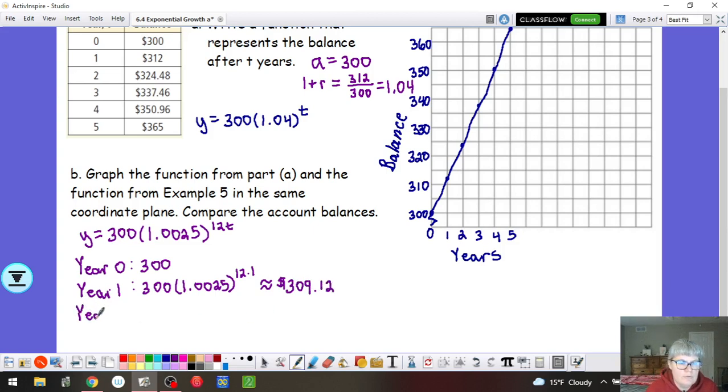Year 2, we do the same thing. Only this time it's going to be 12 times 2, or to the power of 24. $318.53.